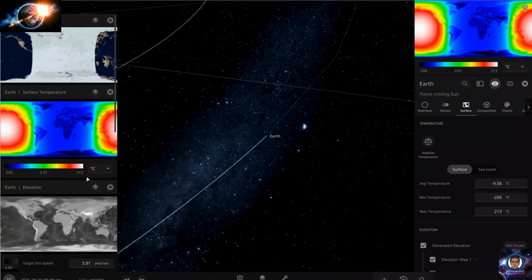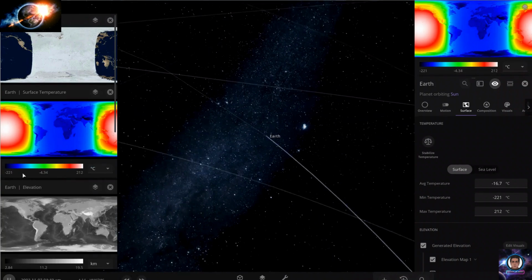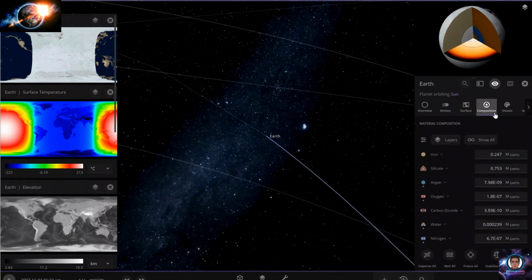So finally, I think this is a stable situation. The minimum temperature of the Earth right now is minus 225, and the maximum temperature is 213. So this is the situation. Let's check the composition.